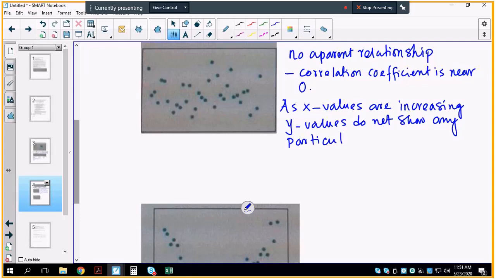And that should take care of this example. There is no particular linear pattern in this situation, so we will say no apparent relationship.